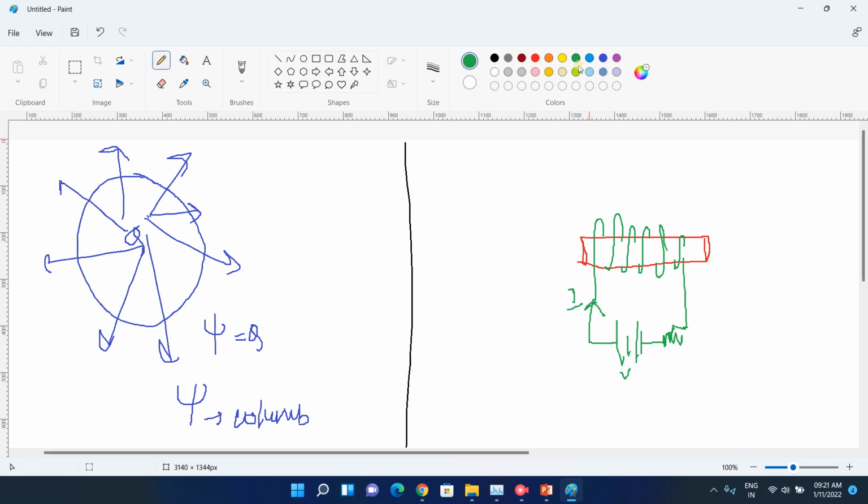This is V, so it is carrying current I, and the number of turns is N. So the MMF will be N into I.